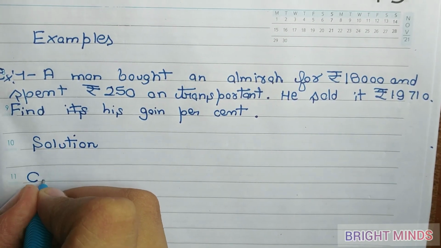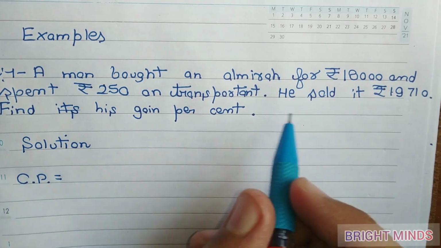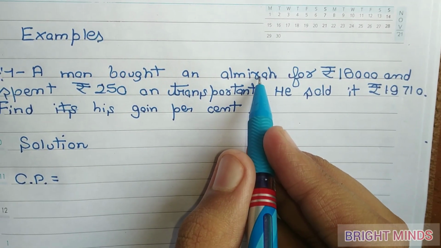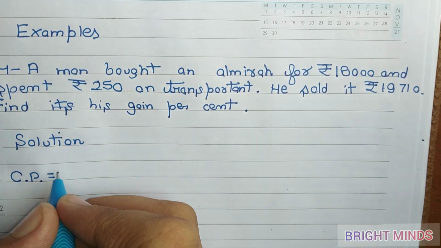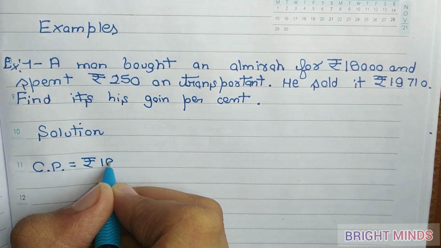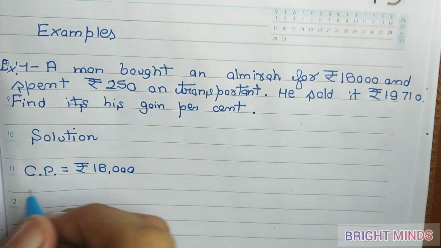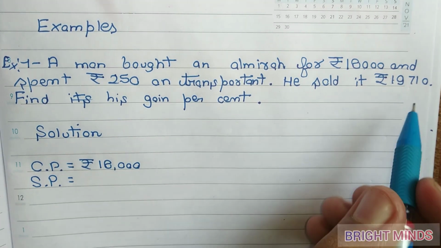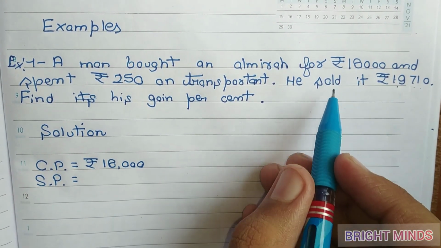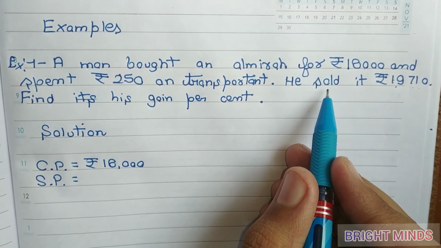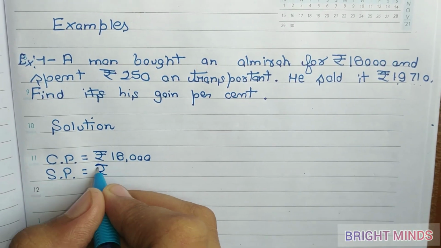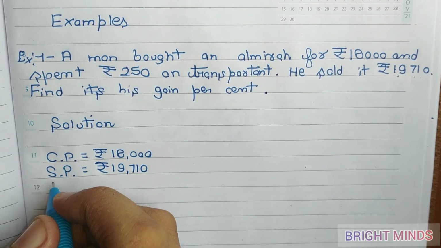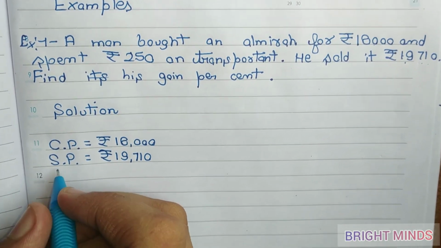Here our CP is equal to ₹18,000 because we have bought the almirah from a shopkeeper for ₹18,000, and our SP is equal to ₹19,710 because we have sold this to a friend B. Now ₹250 is spent on transport.